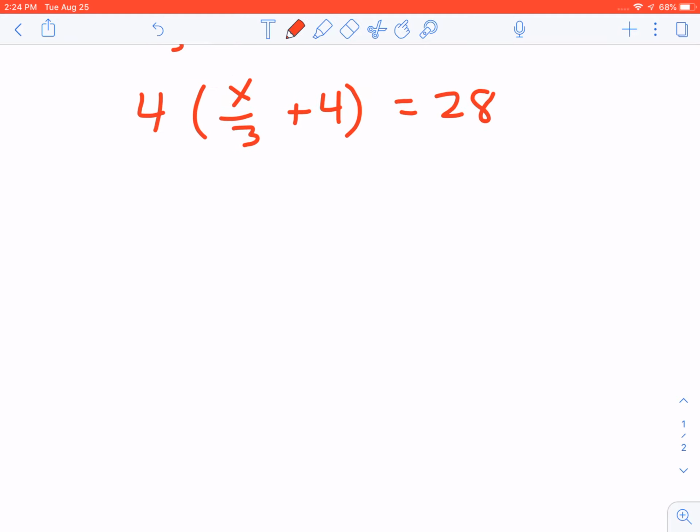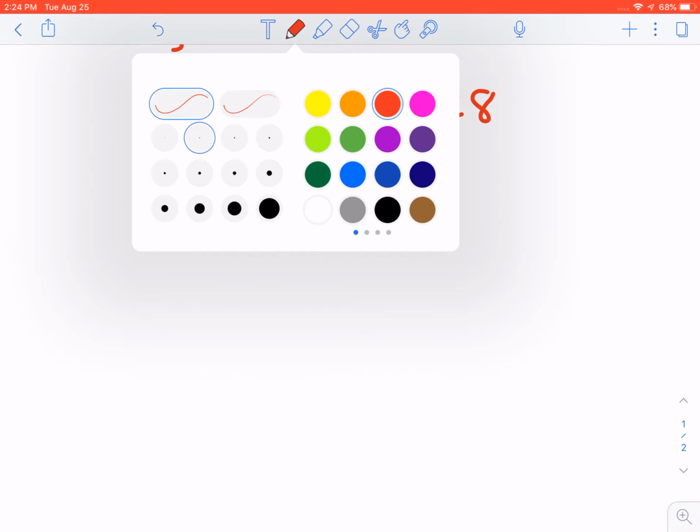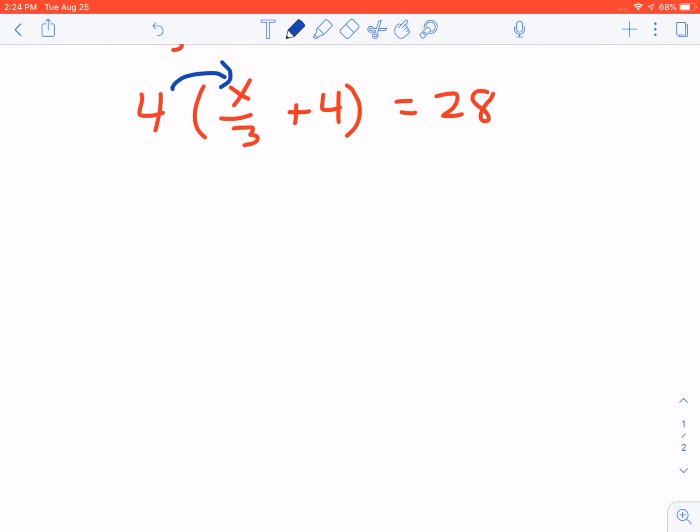And I do want to point out that distributing is certainly an option here, but it's full of traps. In the last equation that we discussed, we talked about the order of operations and how to undo something. So I want you to think about this problem differently, because if you can do that, this seemingly difficult equation kind of becomes easier.